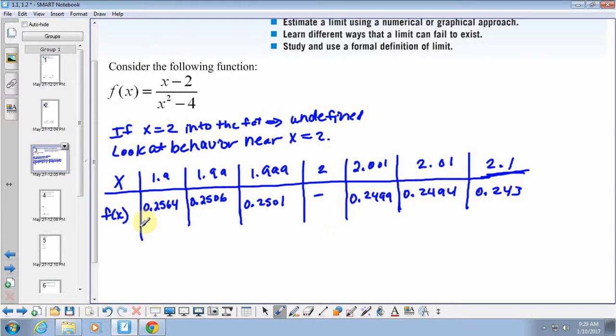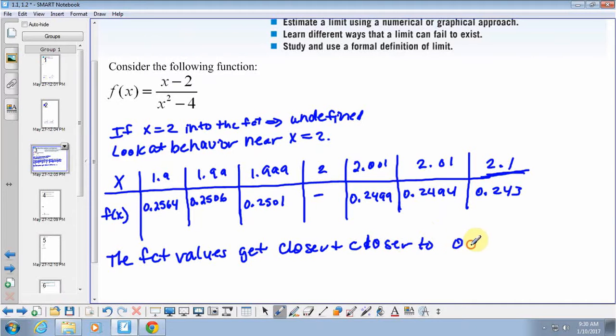As I'm coming in from the left, I have 0.2564, 0.2506, 0.2501. I'm getting close again to 0.25. So the function values get closer and closer to 0.25.